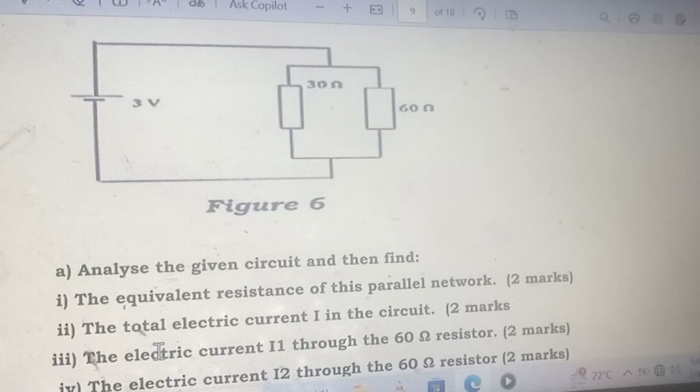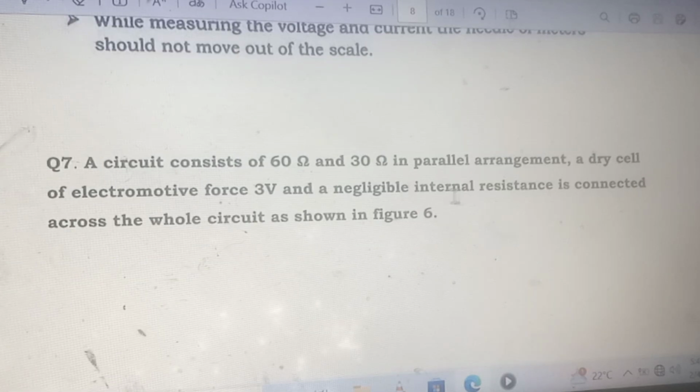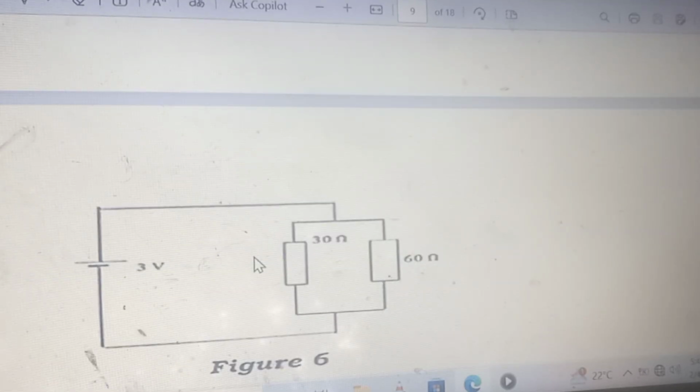I2, the total electric current. In this circuit, we use the formula: electromotive force equals current times internal resistance plus current times external resistance. As you see here, the internal resistance is negligible, meaning that the electromotive force is equal to the current times the external resistance.